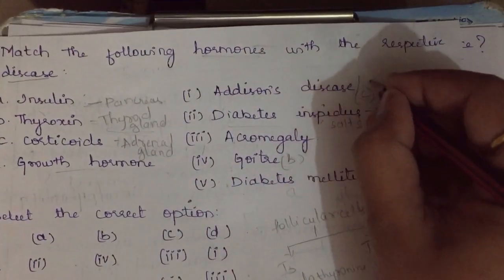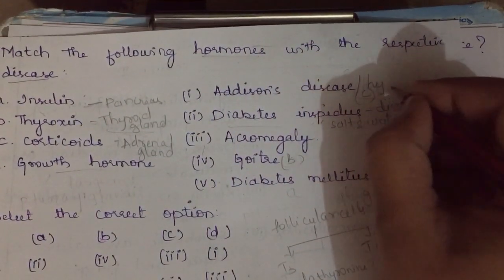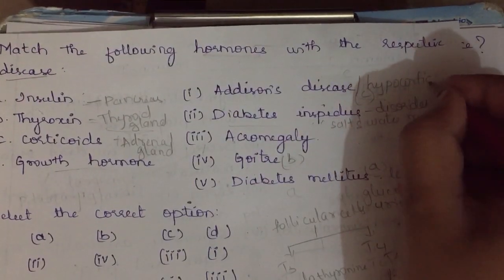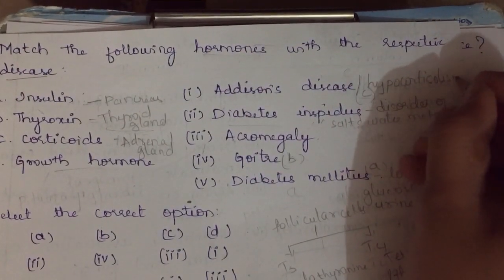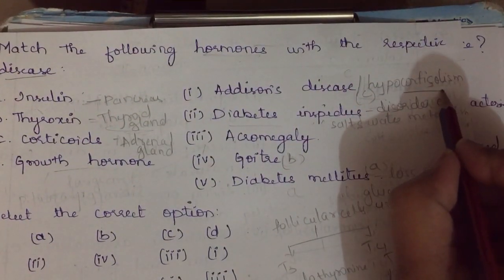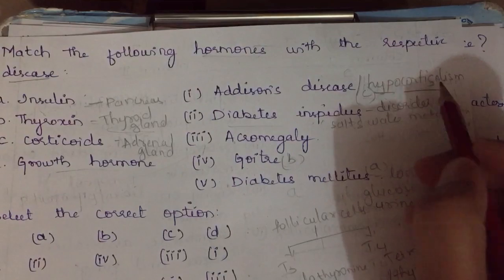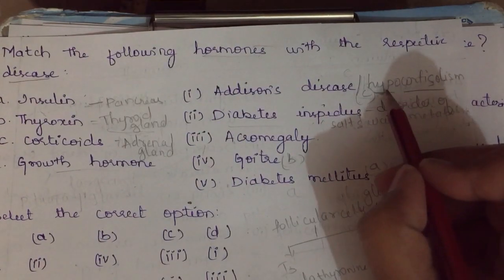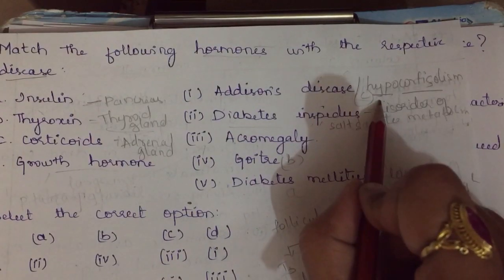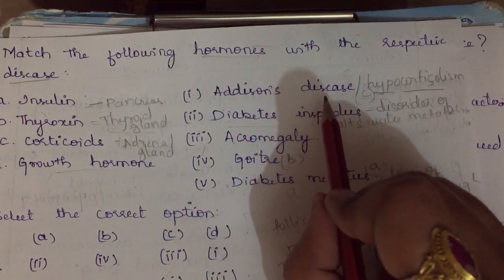It is also called hypocortisolism. Now hypocortisolism means what? Cortisol is a hormone produced by the adrenal gland. Hypo means low, which means the adrenal gland secretion is low, and that results in Addison's disease.